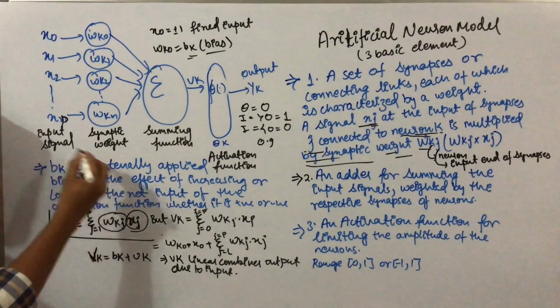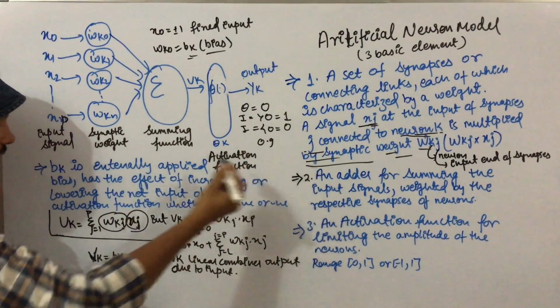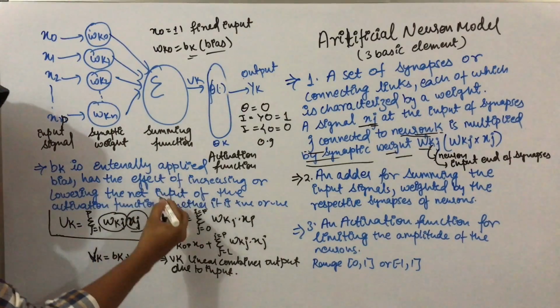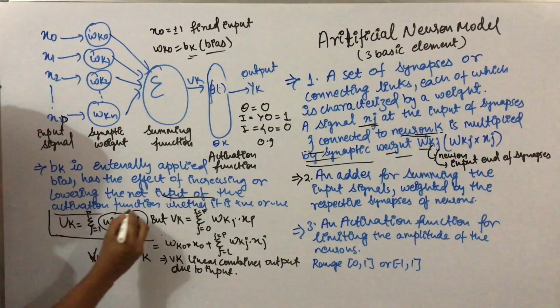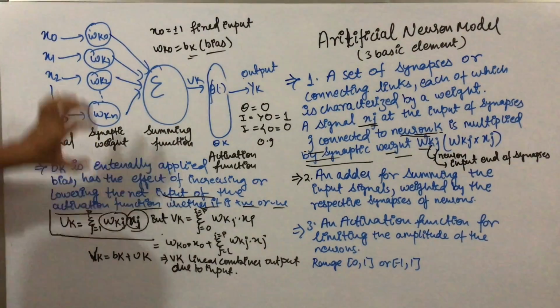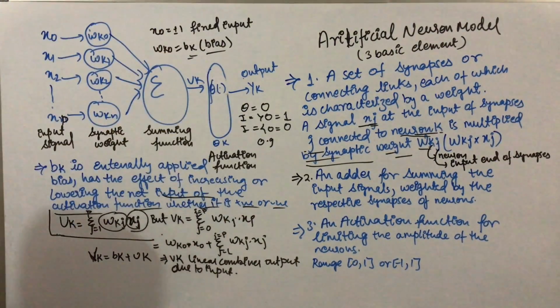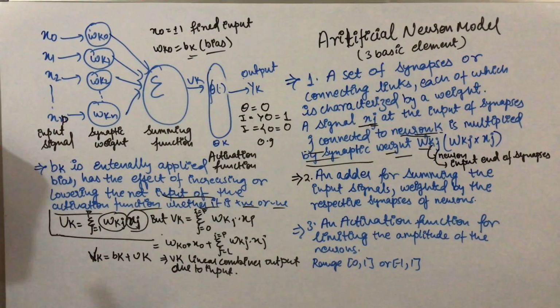This bias is an externally applied bias, and it has the effect of increasing or lowering the net input of the activation function, whether it is positive or negative. We have this wk0 into x0 so that we can increase or decrease the total value of the input according to our activation function value.